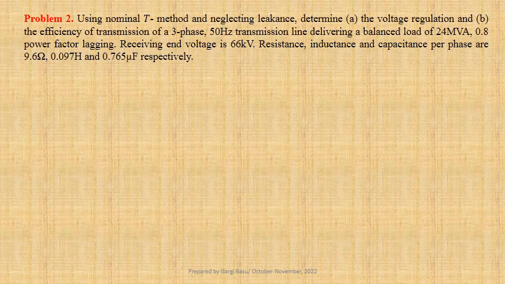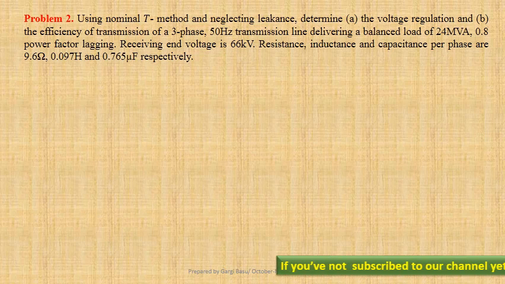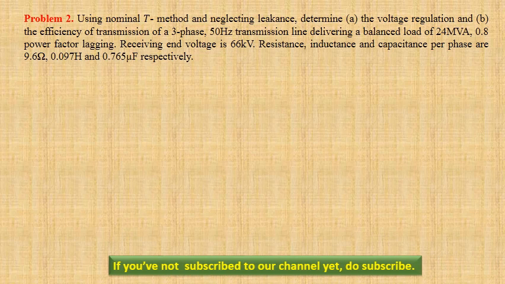Using nominal T method and neglecting leakage, we have to determine the voltage regulation and the efficiency of transmission of a three-phase 50 Hz transmission line delivering a balanced load of 24 megavolt ampere 0.8 power factor lagging.